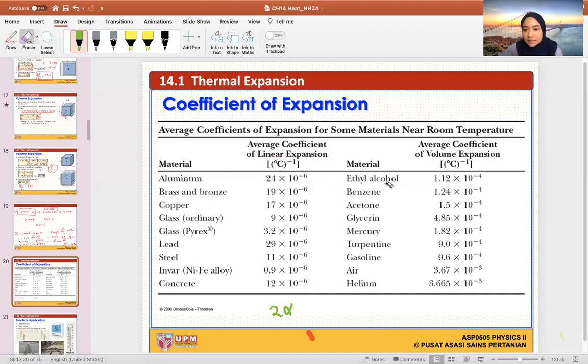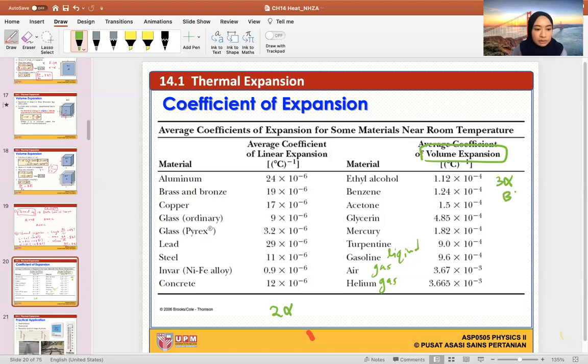So this is gas and liquid. Air is a gas, gasoline is a liquid. So for liquid and gas, all the volume expansion is in beta. So this is already 3 alpha. You don't need to do anything. They already give you the volume expansion, so just use it as it is.